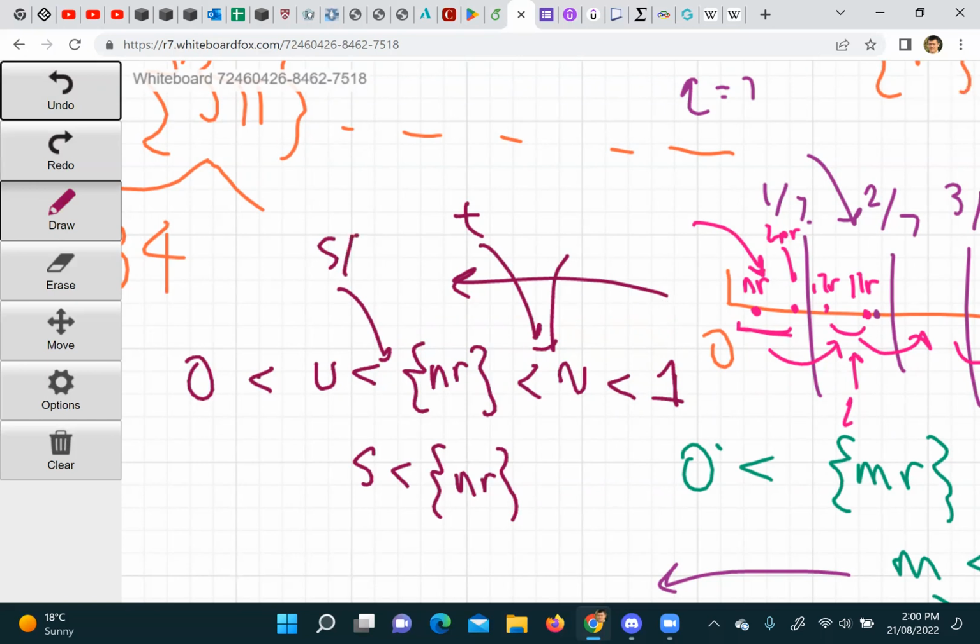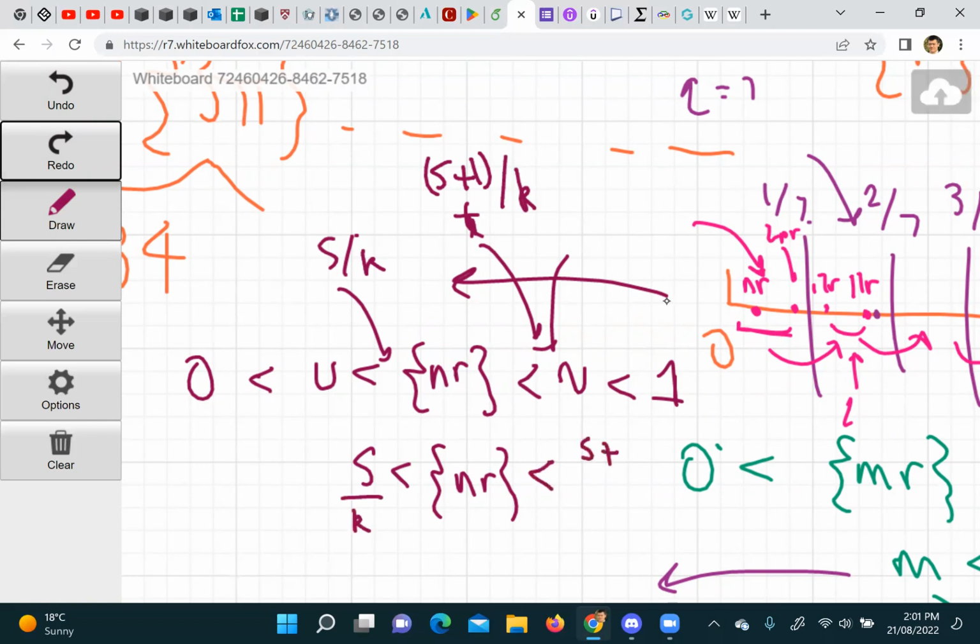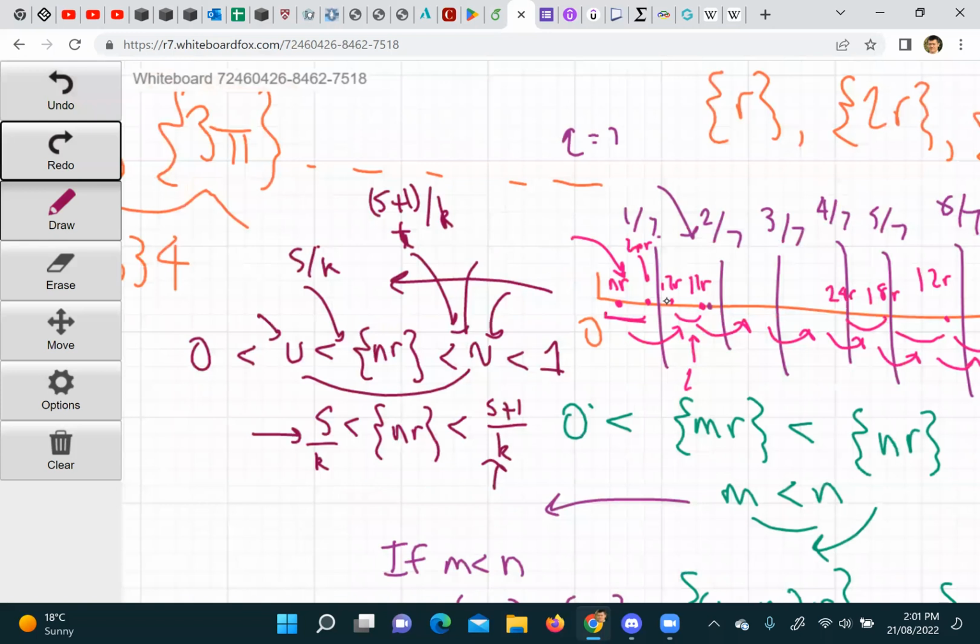So it's something like S plus 1 over k. So now we can get it between any two U and V. Even if these are irrational or rational, it doesn't matter, because you can always find some number k to make it work.